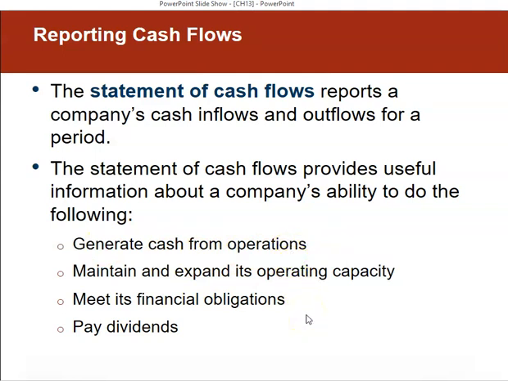A statement of cash flows will give us insight into a company's ability to maintain operations, to continue, to meet financial obligations, for example, if we have borrowed money from the bank, and to pay dividends. And when we talk about dividends, I want you to understand what we're talking about there is paying the owners distributions on their investment.